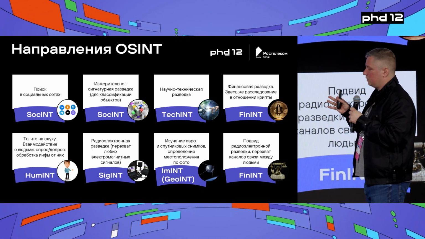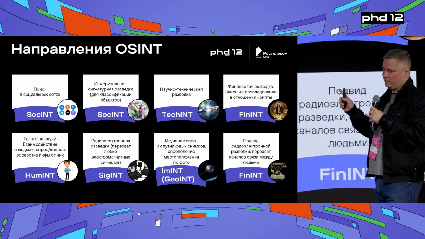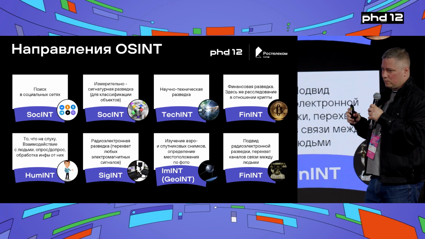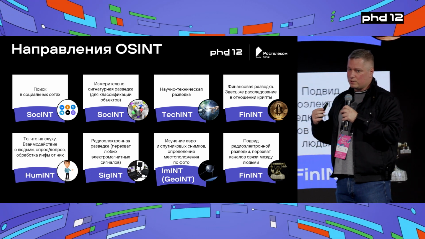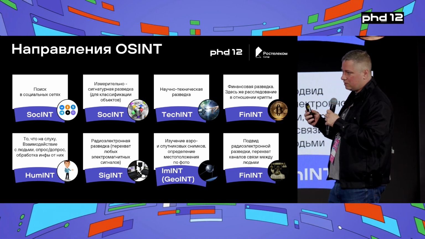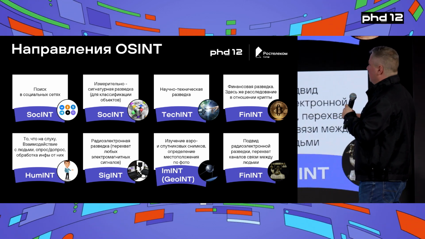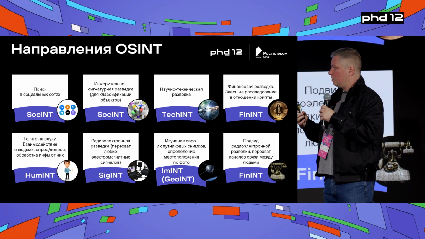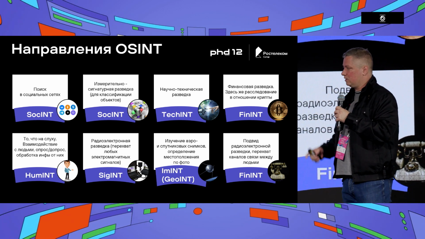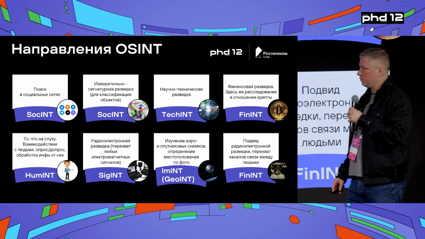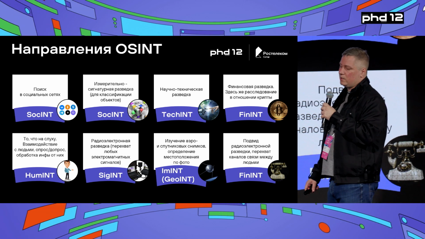They also have signals intelligence, SIGINT, and this is, well, we as commercial companies, we don't do this primarily. We don't do scientific and technical intelligence. That's what intelligence and security services do. We don't do electronic intelligence, but we sometimes do GEOINT. So we look at the satellite images.